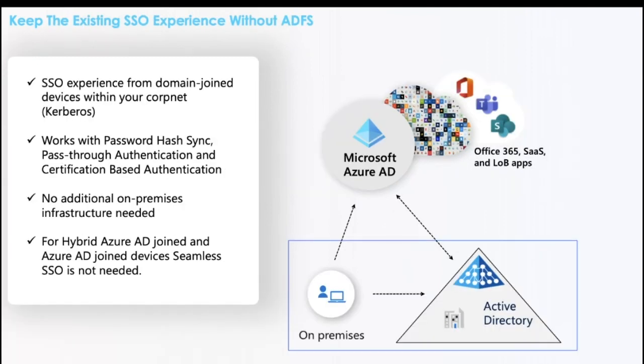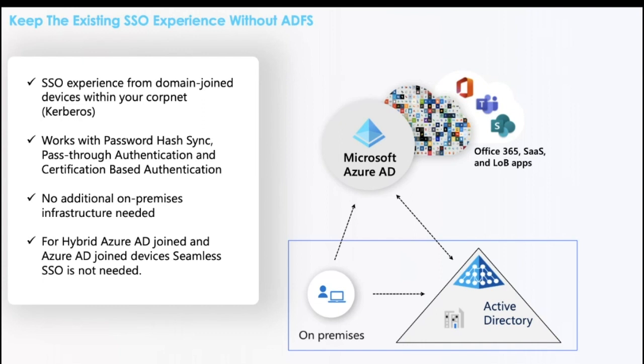There's also a seamless sign-on experience without ADFS, where it's enabled through Azure Active Directory. It allows you to get a seamless sign-on experience when you're logging into your different applications based on your logged-in credentials on your machine. Now, this is for non-Azure AD joined devices. Azure AD joined devices already have this capability without needing seamless sign-on, but this is for Active Directory joined machines.